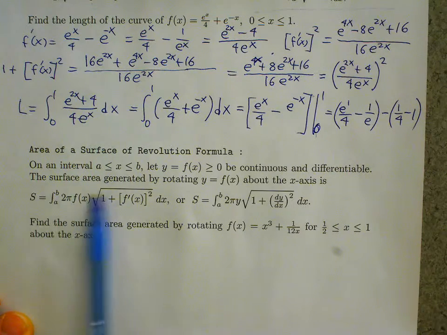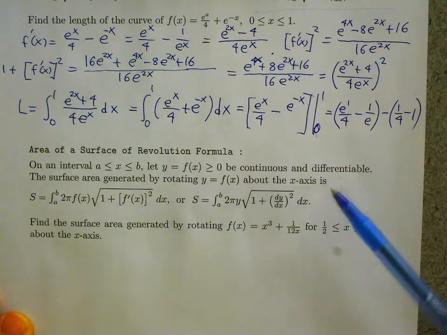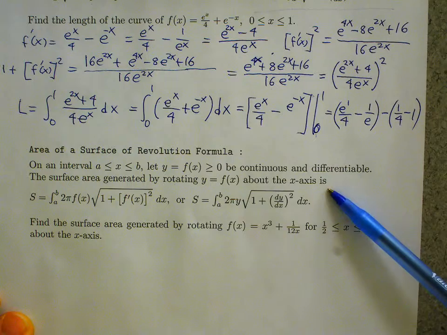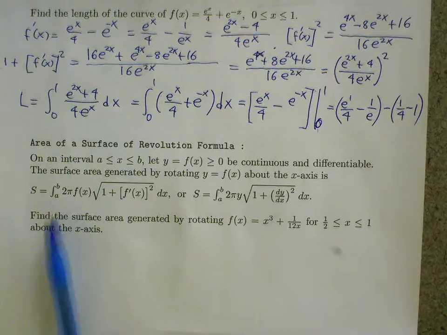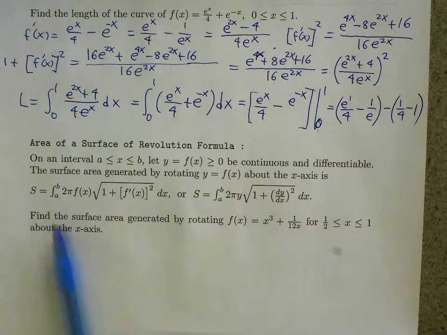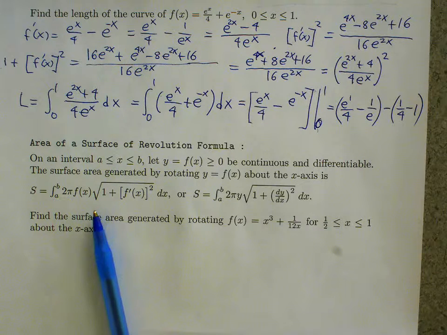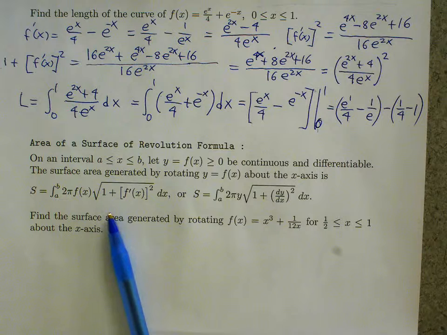And the surface area generated by rotating y equals f of x about the x-axis is given by this formula. It's the definite integral of 2 times pi times f of x times the square root of 1 plus f prime of x squared from a to b.